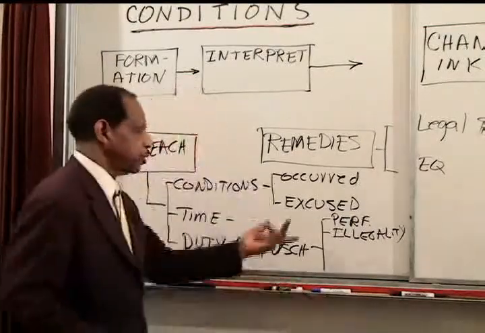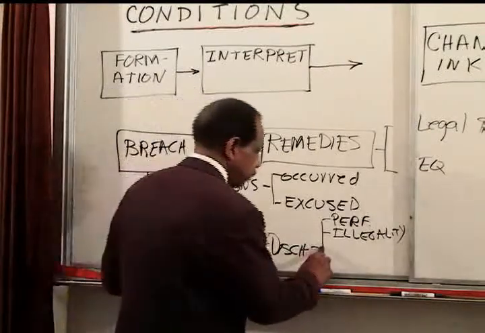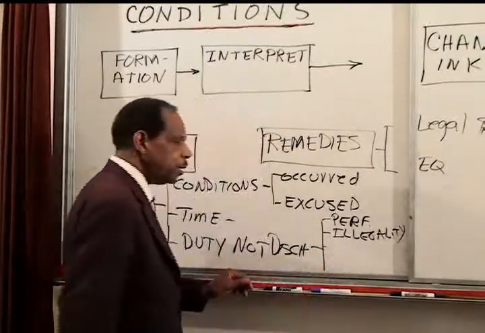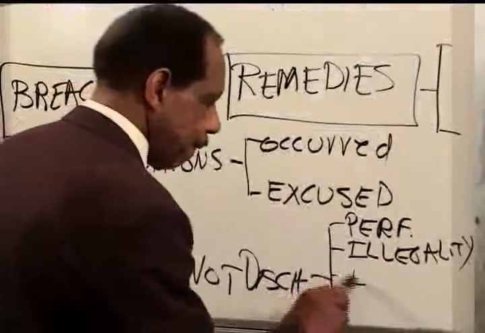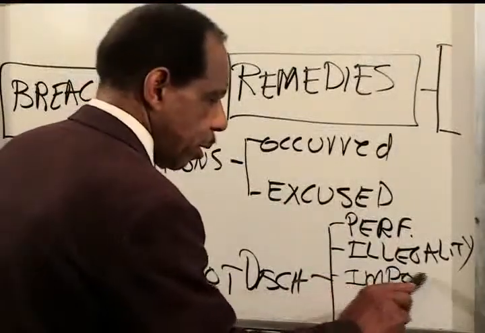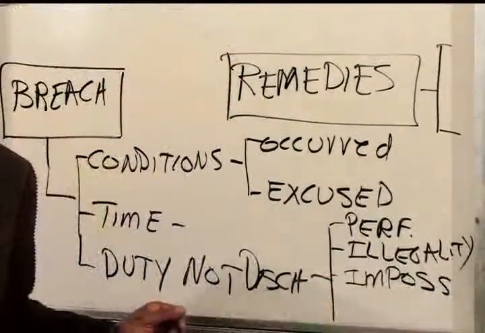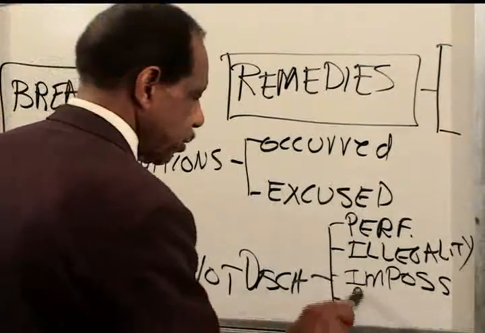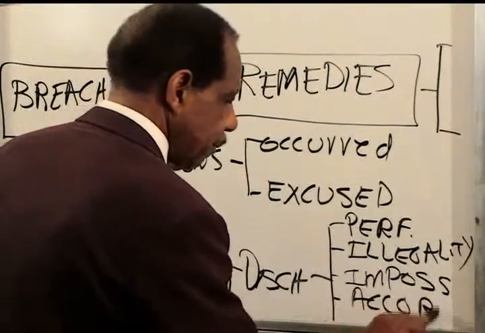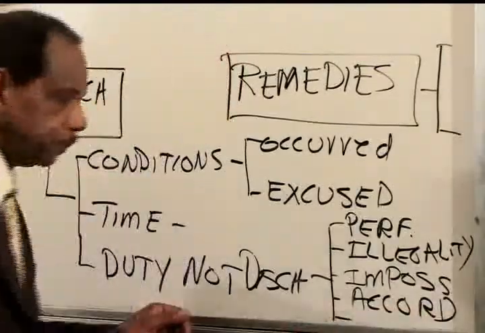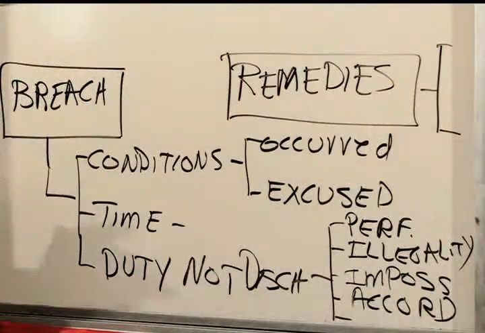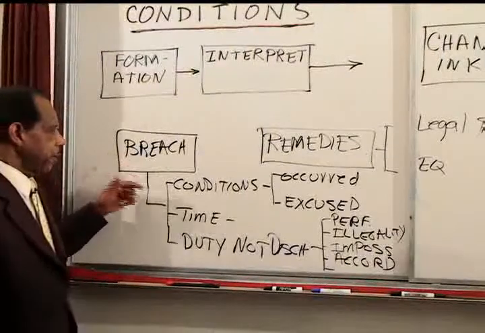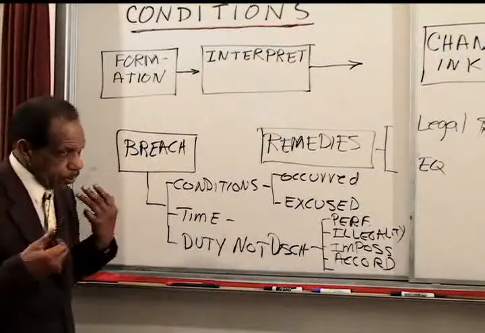So my duty is discharged by illegality. My duty can be discharged by impossibility. I'm supposed to paint your house, but it burned down. My duty can be discharged by a number of other ways, accord and satisfaction, and so forth.